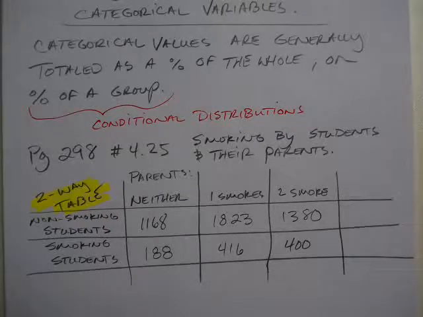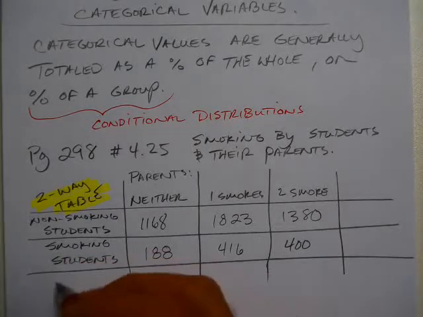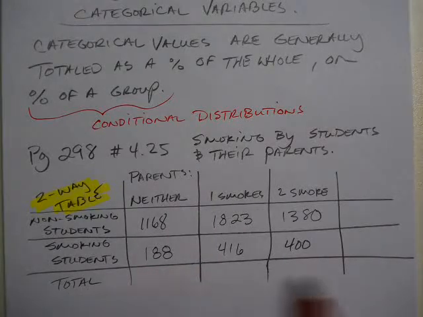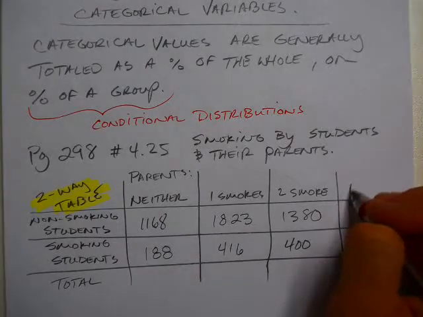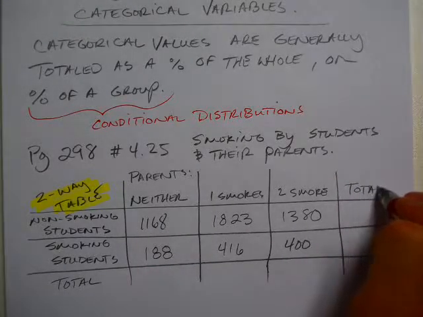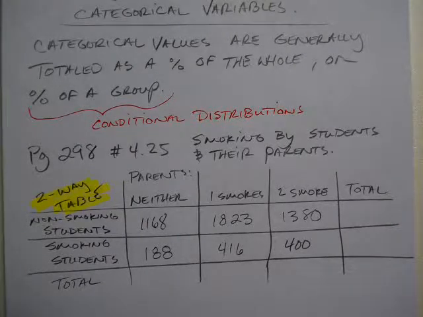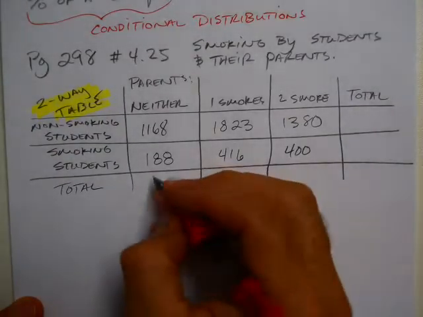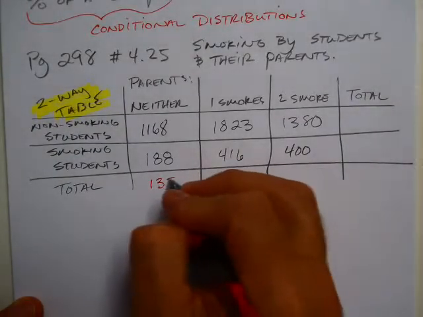What we want to do is get what's called our marginal distributions. So that's going to be our totals. Total for the columns, also total for the rows. I actually have those numbers, so you can cheat off me if you'd like. This is 1356.